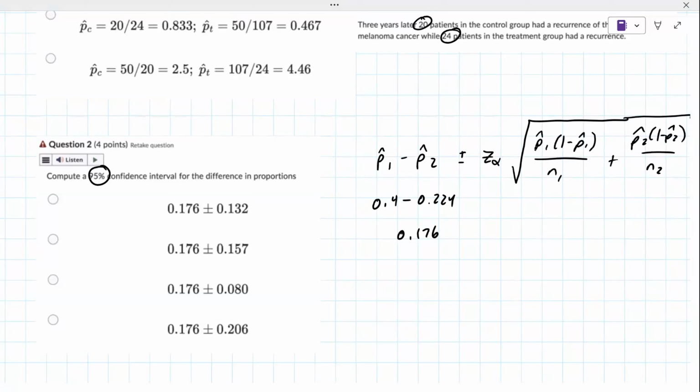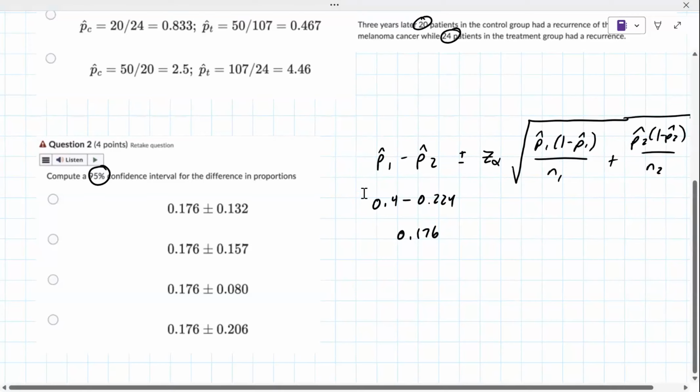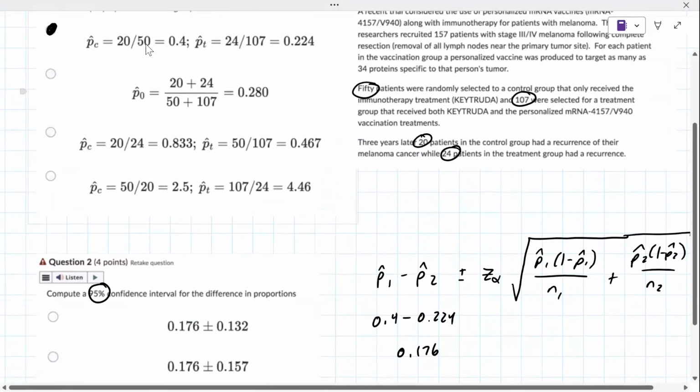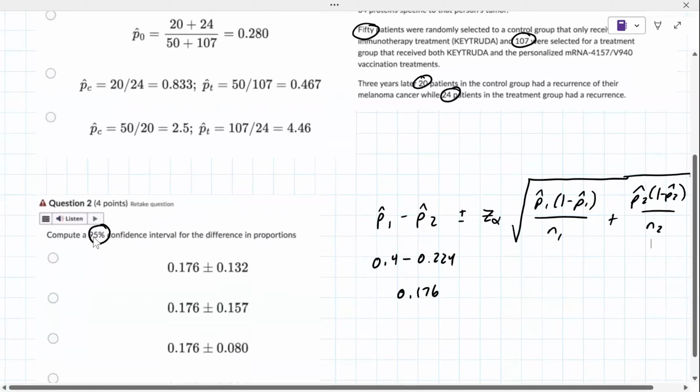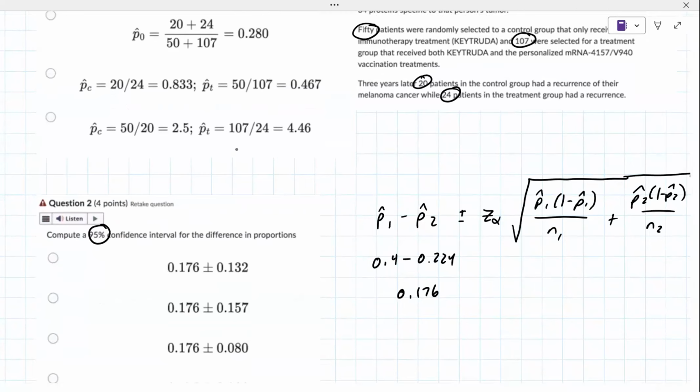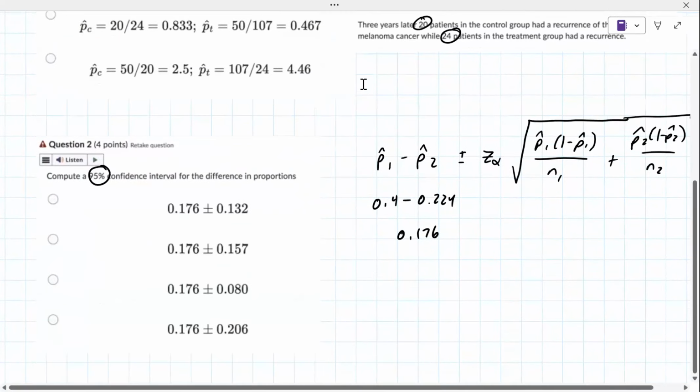So in your problem, it could look a little overwhelming. We know the information from up here for p hat 1 and p hat 2, and then the n's are the denominators. So it maybe looks worse than it actually is. It's quite the calculation.